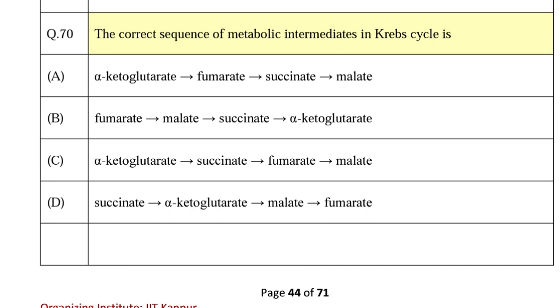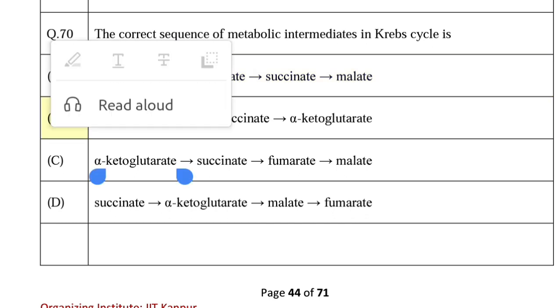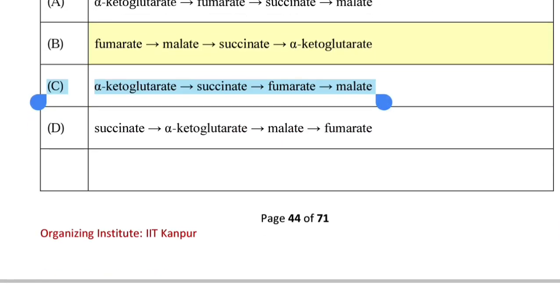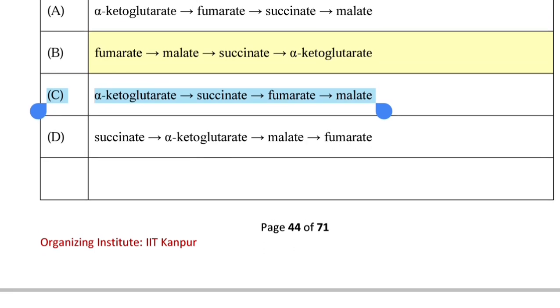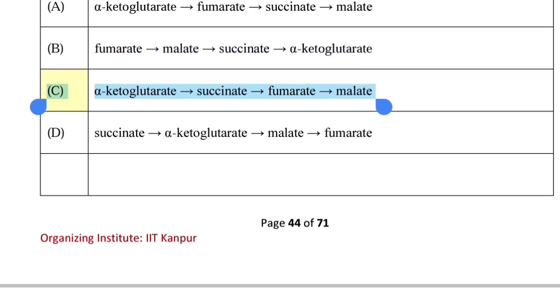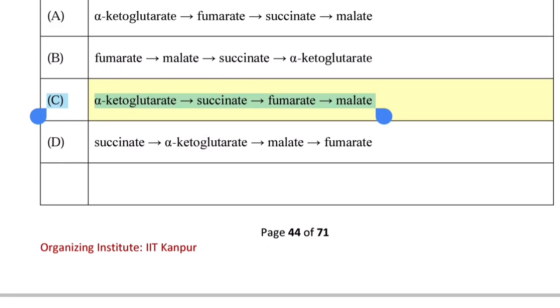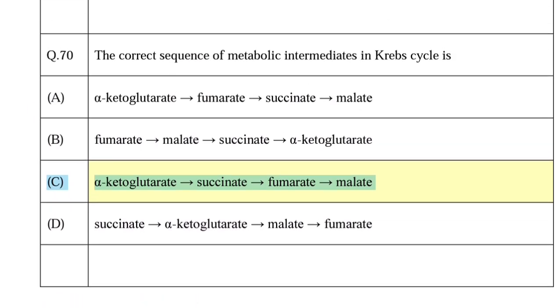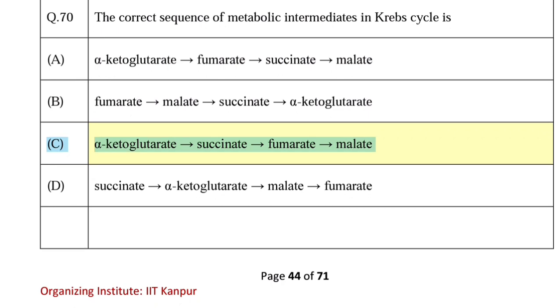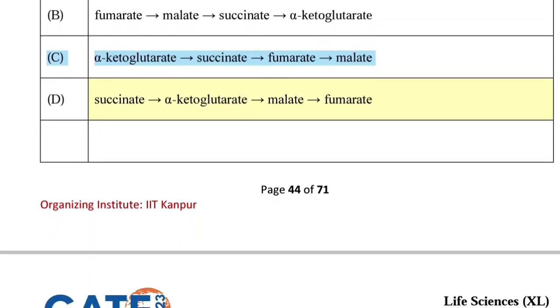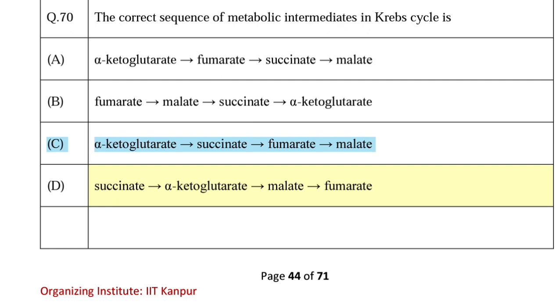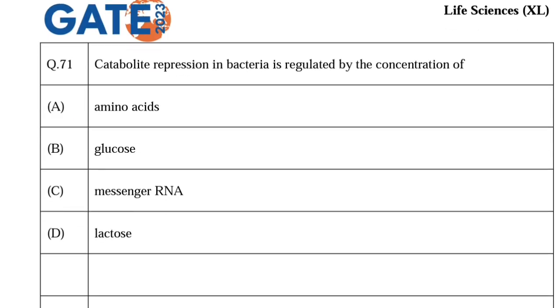The correct sequence of metabolic intermediates in Krebs cycle is A. Alpha ketoglutarate → fumarate → succinate → malate, B. Fumarate → malate → succinate → alpha ketoglutarate, C. Alpha ketoglutarate → succinate → fumarate → malate, D. Succinate → alpha ketoglutarate → malate → fumarate.